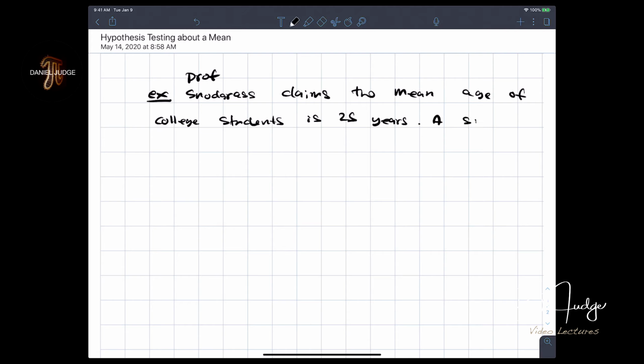A sample of size 100. Well, let's change that number. 200.